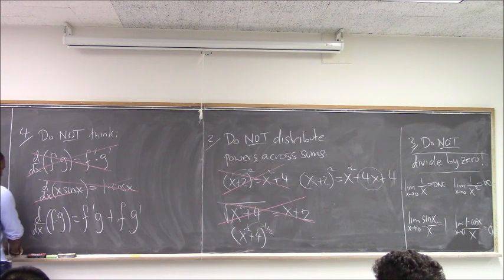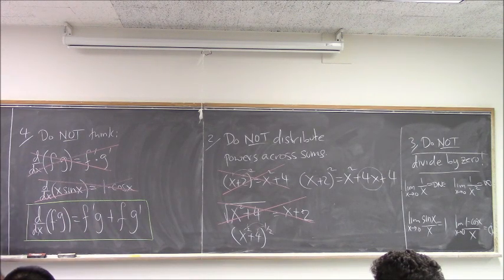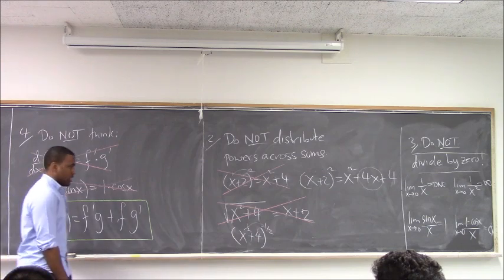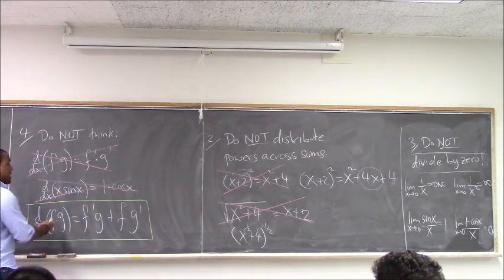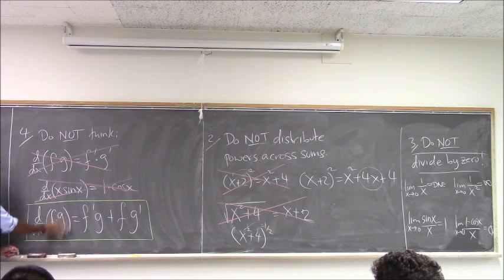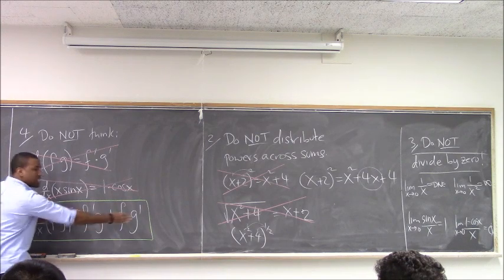By the way, while I'm here, whenever I ask you to tell me a rule or a formula, I expect you to tell me the entire formula. A lot of times I would ask students, what is the product rule? And they'll say f prime g plus f times g. That's not the product rule. The product rule is an equation. It has a left side and it has a right side. Don't think of the right side as the product rule.